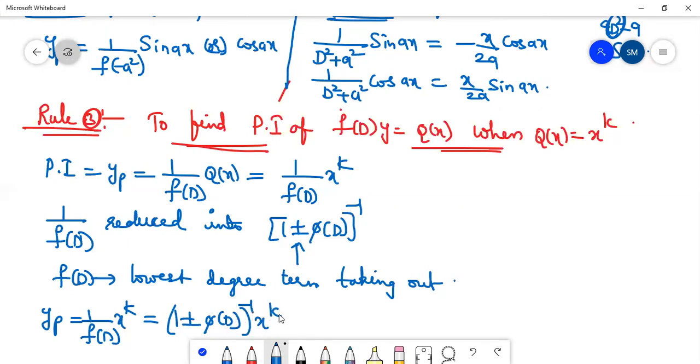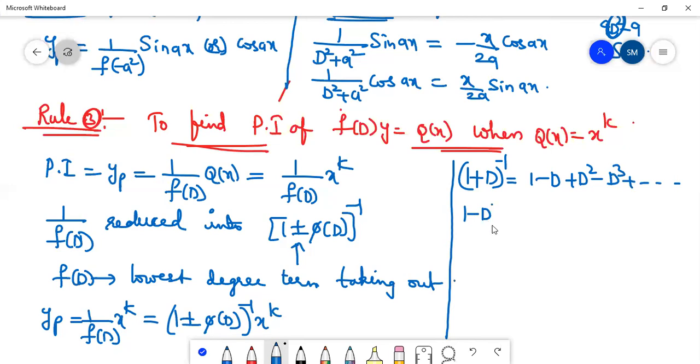into x power k. In this, we can use the formulas. If it is in the form of 1 plus d whole inverse, then it is 1 minus d plus d square minus d cube plus so on. If it is in the form of 1 minus d whole inverse, it equals 1 plus d plus d square plus d cube plus so on.